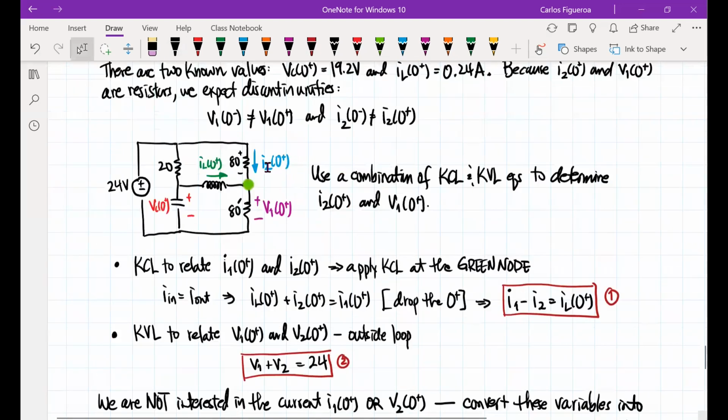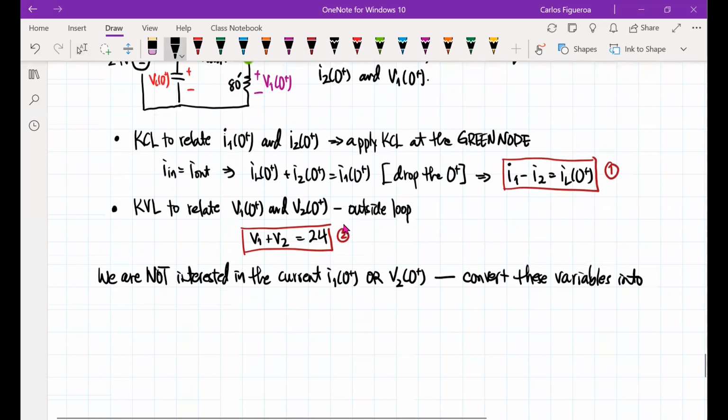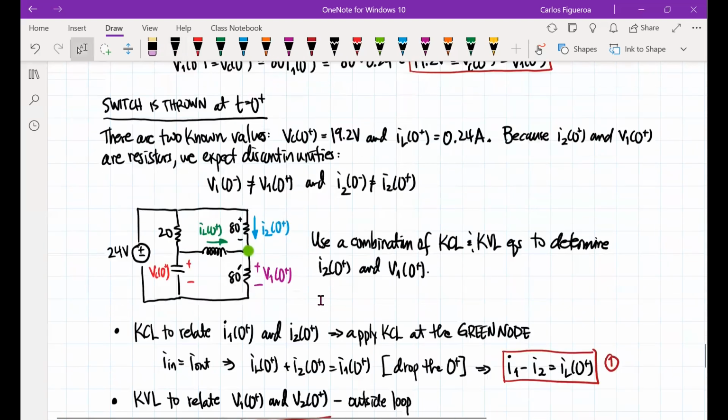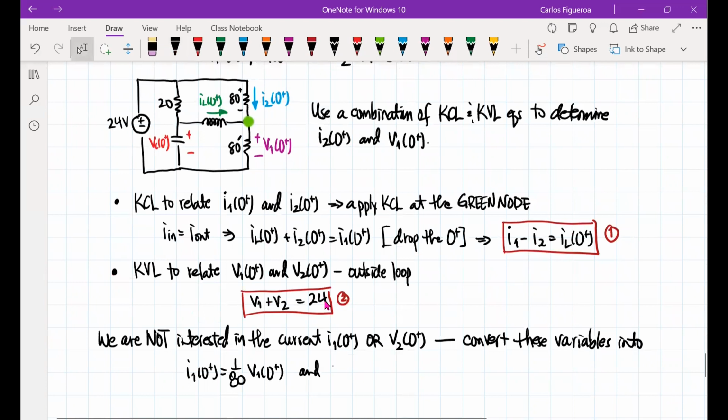For the first resistor, 80 prime, I1 of 0 plus should be V1 of 0 plus divided by the resistance, and I can convert the voltage V2 into the current through that resistor, so V2 of 0 plus is 80 times I2 of 0 plus.